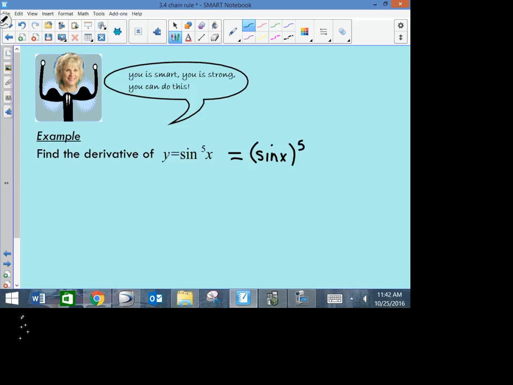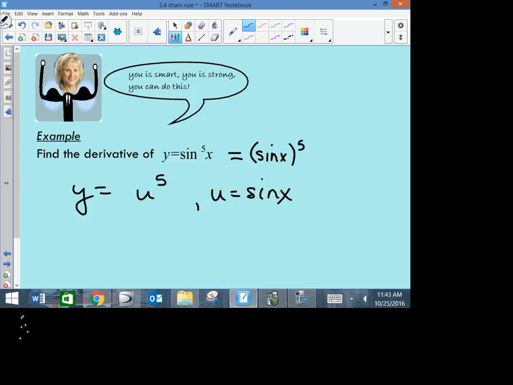Now, when you're doing the composite function, ladies, you can do, okay, what am I going to do first? I'm going to put x in, and I'm going to find the sine of it, right? So that's the end of your chain. And then what am I going to do with that sine of x?